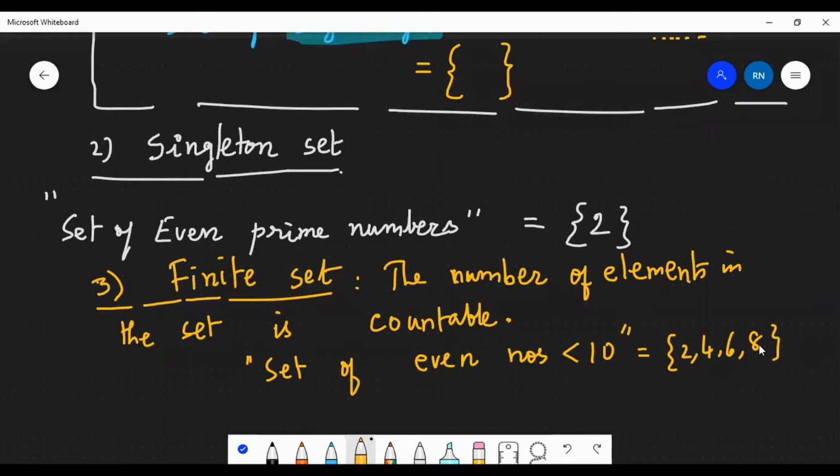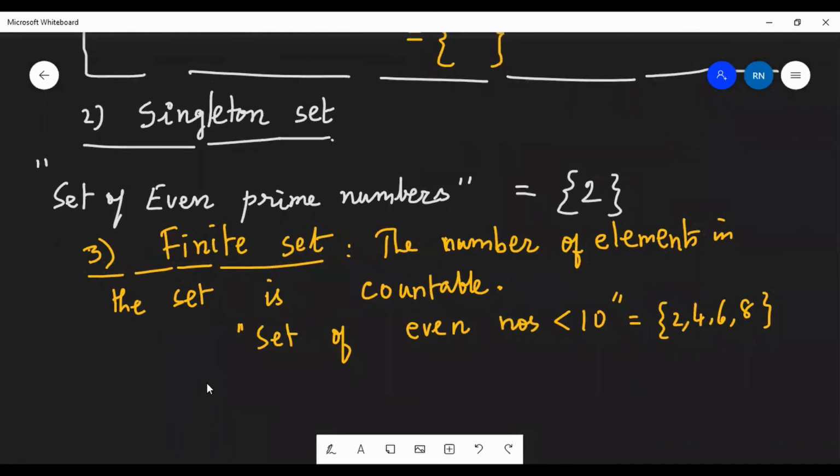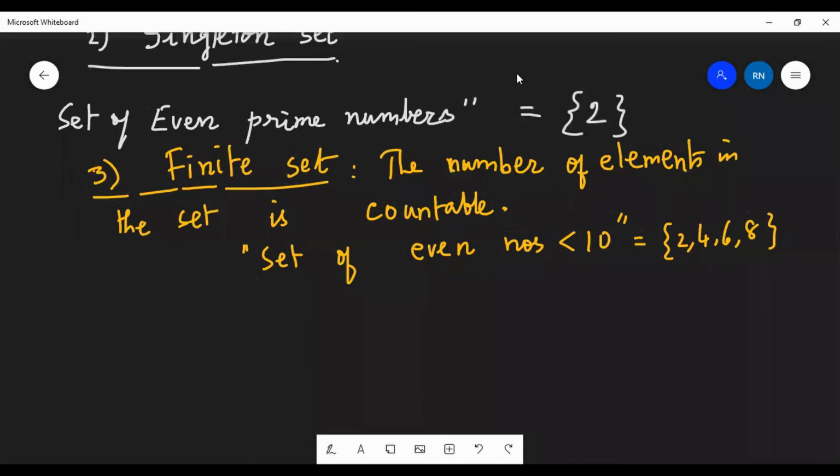It does not include 10, so it stops at 8. So we know the count. The number of elements in the set is 4. The number of months in a year, yeah, definite. It is countable, finite.